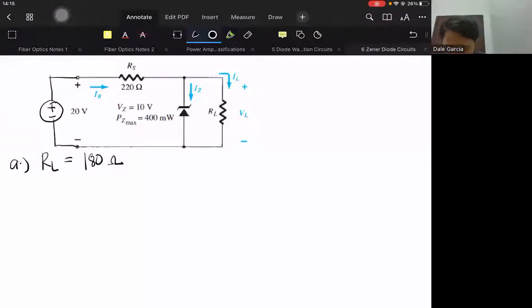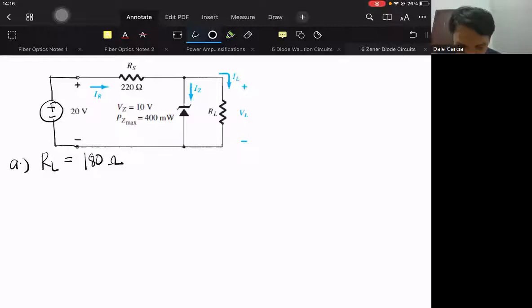IR is the current across the source resistor, 220 ohms. IL is the load current across the load, of course, and IZ is the Zener diode current.